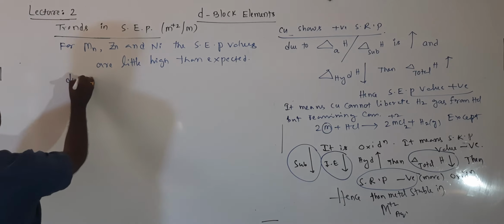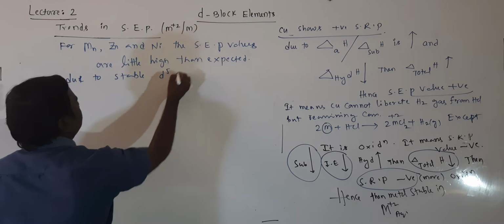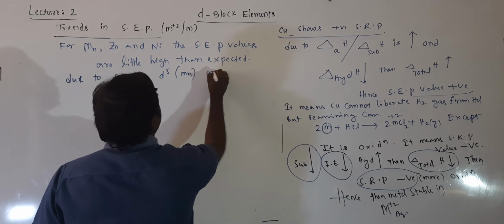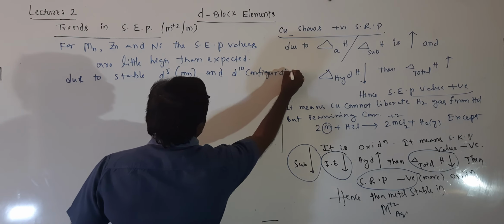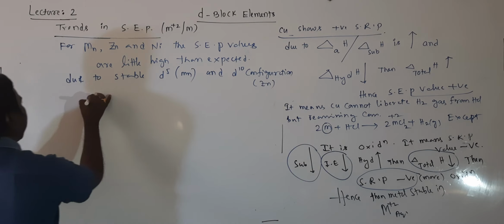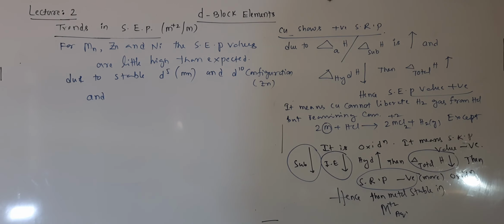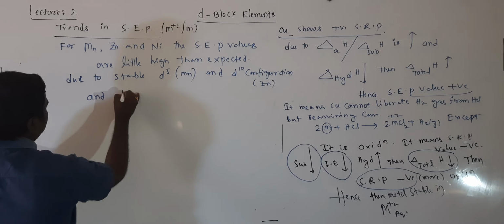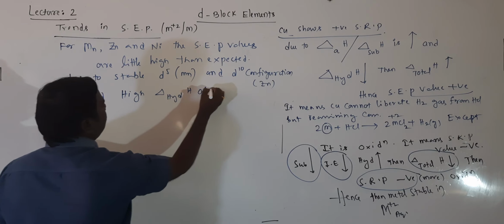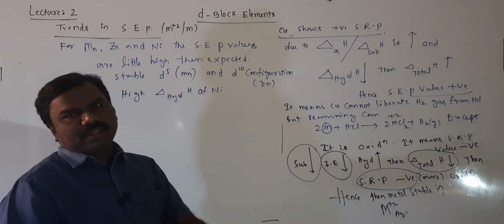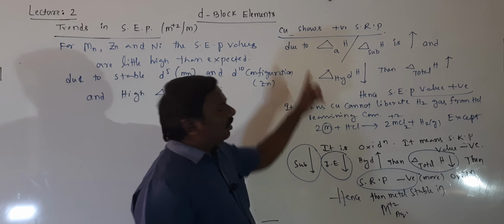So due to the stable d5 configuration for manganese and d10 configuration for zinc, and the enthalpy of atomization and high hydration enthalpy of nickel, because of these reasons, if a stable configuration is there, the ionization enthalpy value will increase.